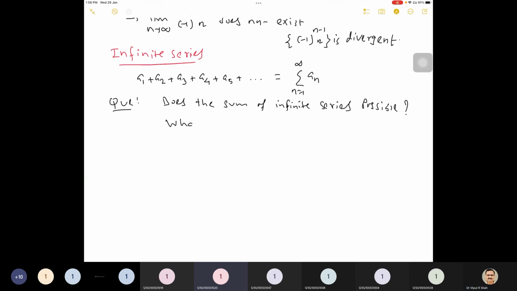Okay, there are two things. Even if you give only this answer, that the sum is possible, what the sum is can be difficult to find in some series. So if the answer is yes, then you can say that the series is convergent.